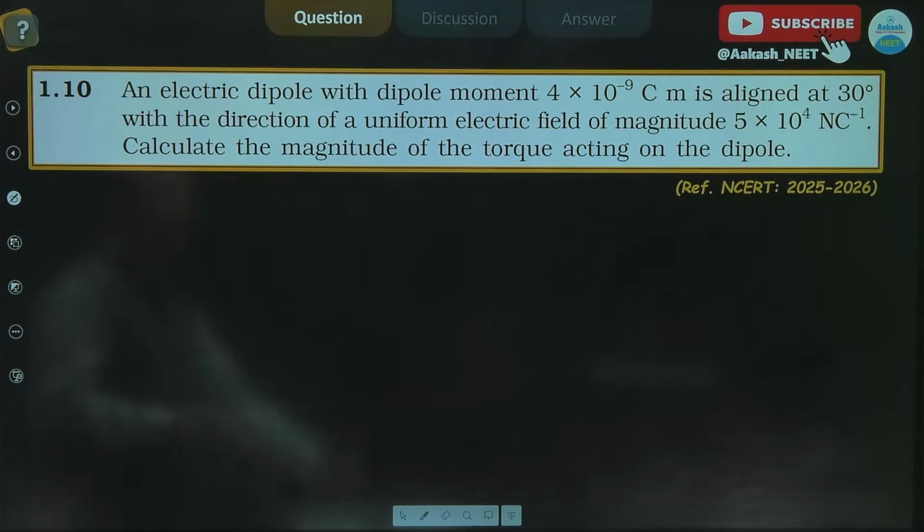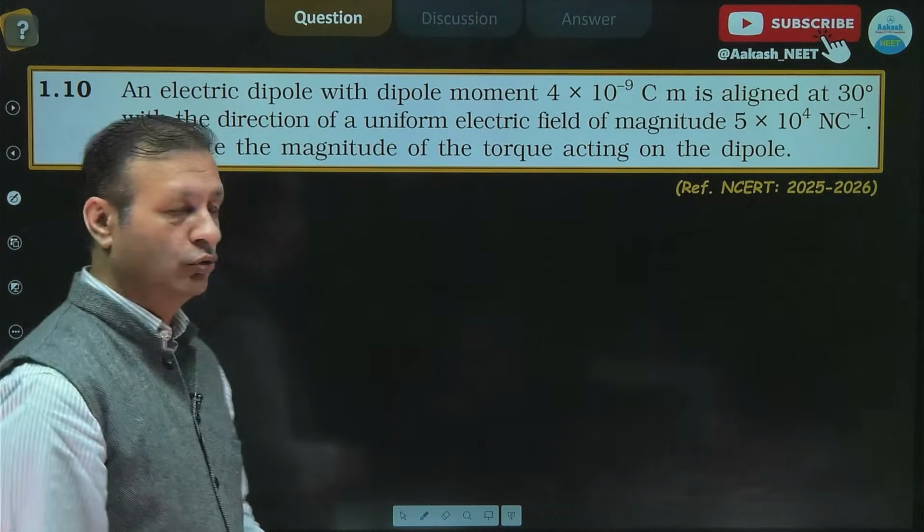An electric dipole with dipole moment is aligned at 30 degree with the direction of uniform electric field of magnitude. Calculate the magnitude of torque acting on the dipole.